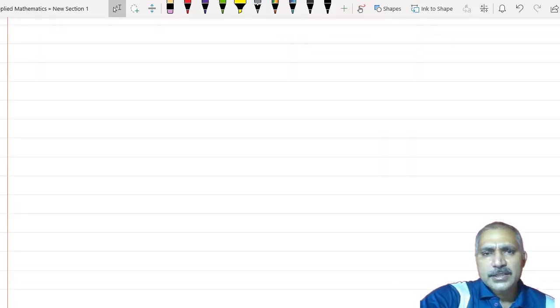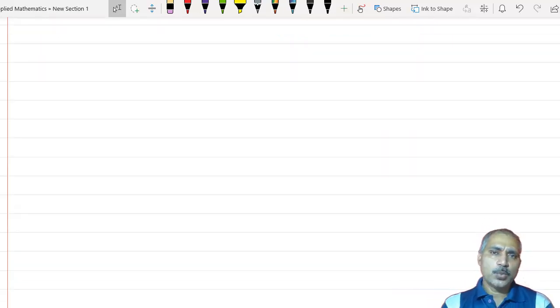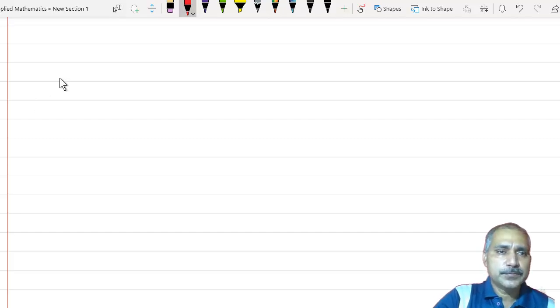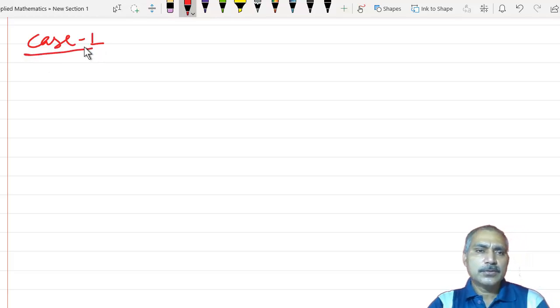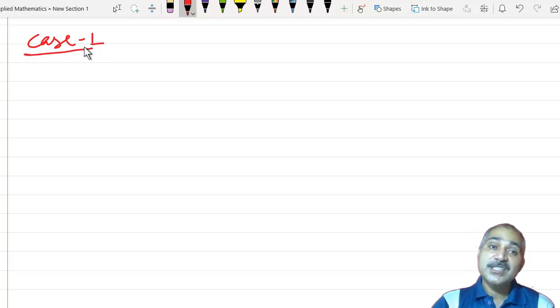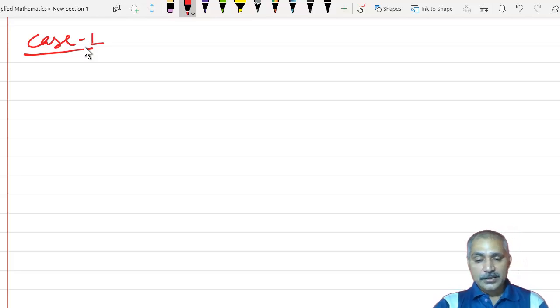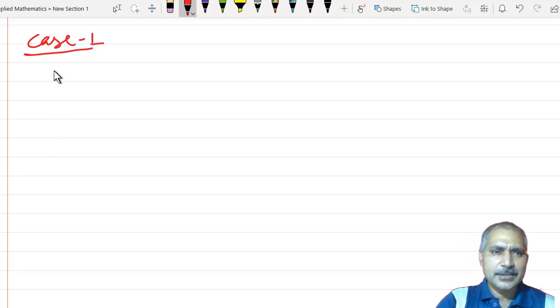Let us take an example of case 1, where system of equation is inconsistent and the solution does not exist. Let us take an example. Solve the equations.